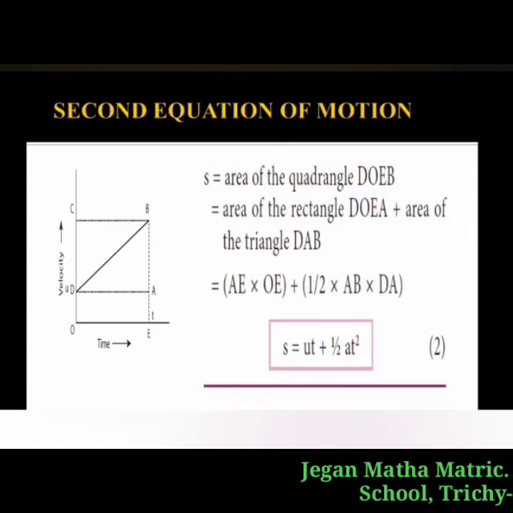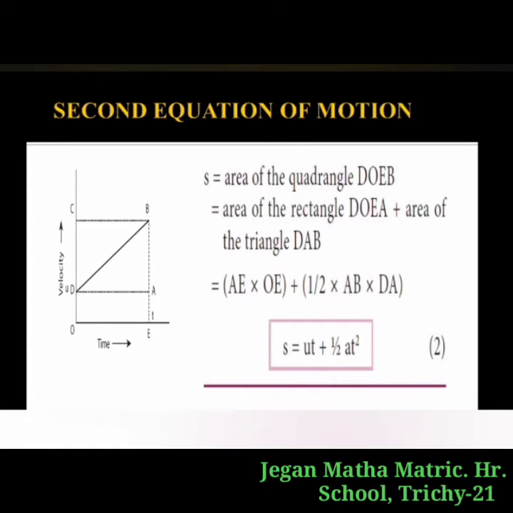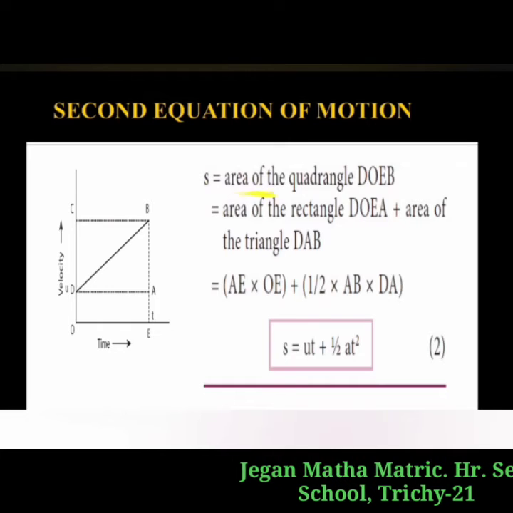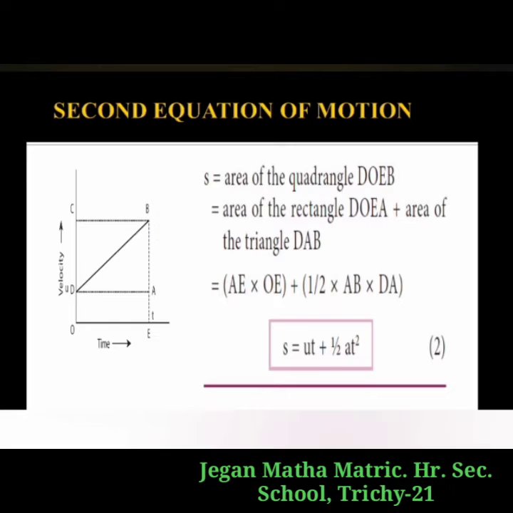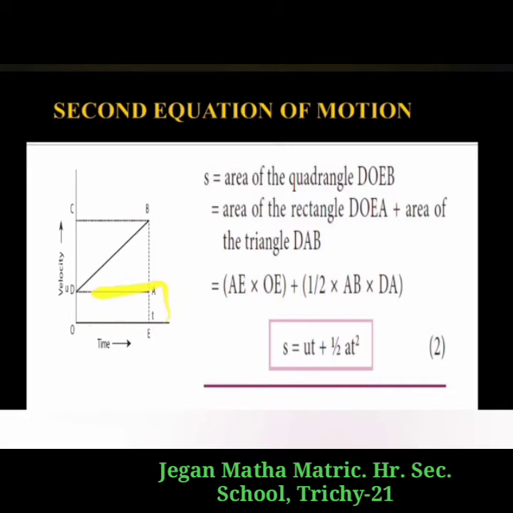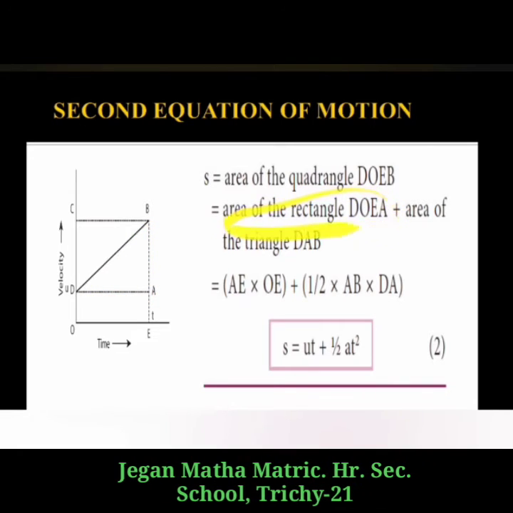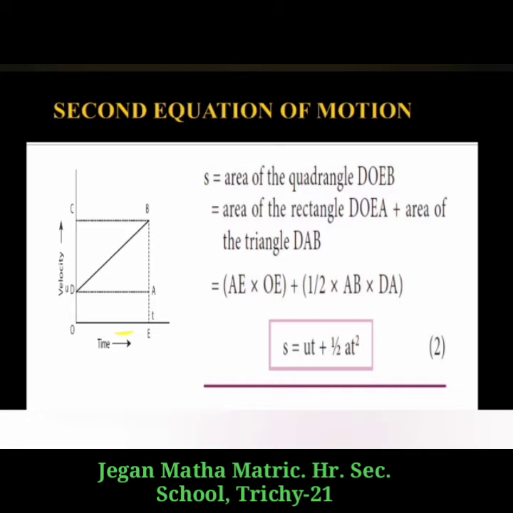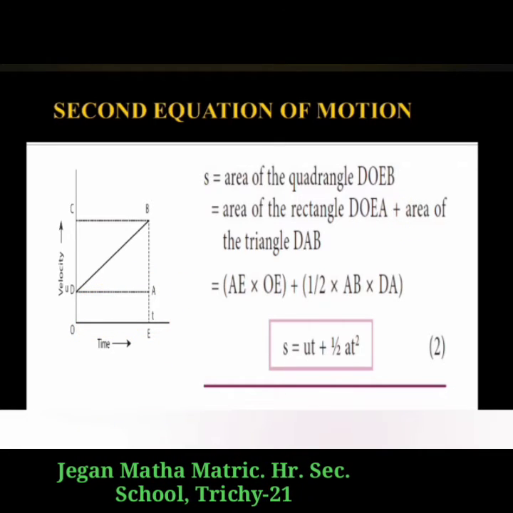So s is equal to area of rectangle DOEA plus area of the triangle DAB.